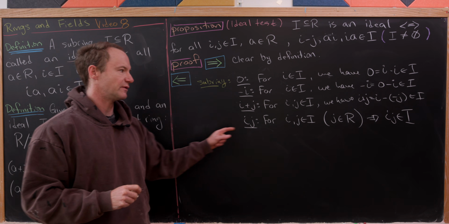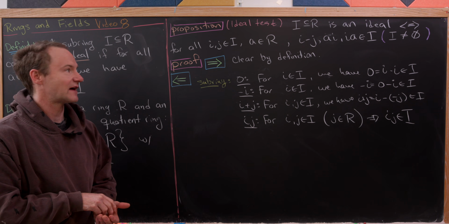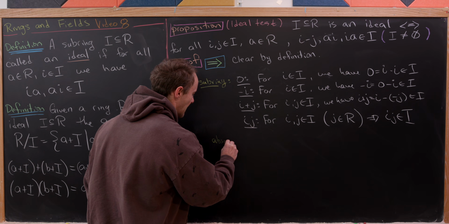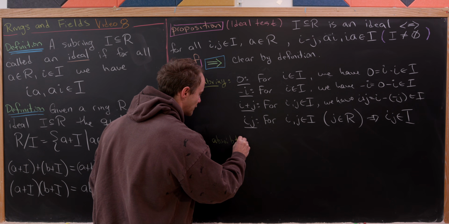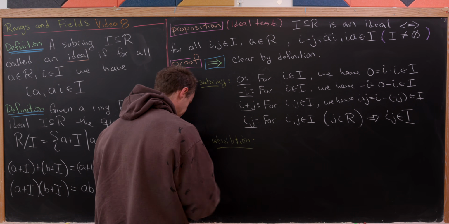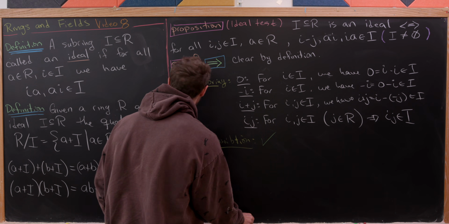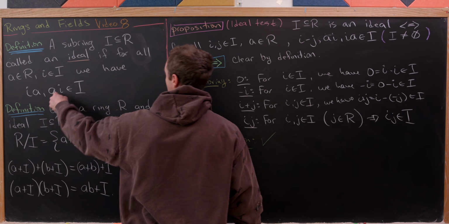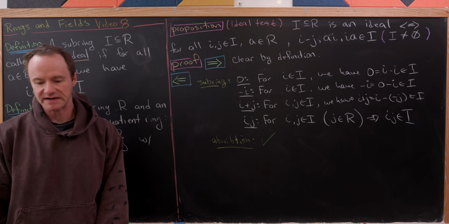Well, there we've got it. We've got a subring. Now we just have to check that we have the absorption property. So in other words, we've got a subring with the absorption property. But I'd like to point out that the absorption property is immediate just by what we're given right here. So we've got a subring with this property. In other words, we have an ideal.